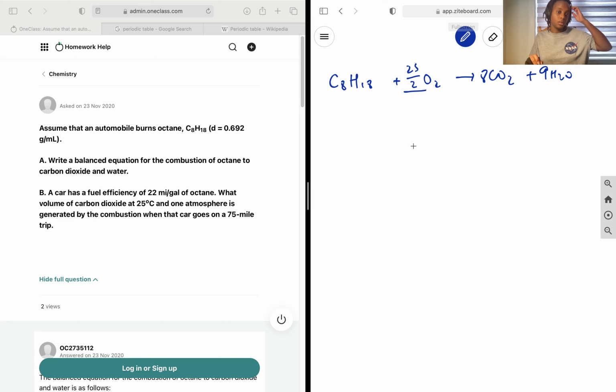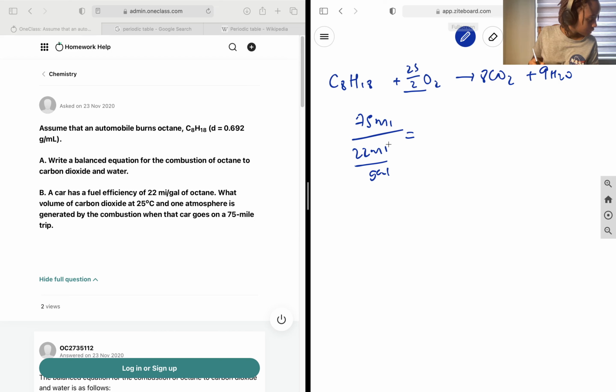Next up, we deal with the harder question. So a car has a fuel efficiency of 22 miles per gallon. What is the volume of carbon dioxide produced on a 75-mile trip? So first we want to calculate how many gallons we use. So we're going to do 75 miles over 22 miles per gallon.